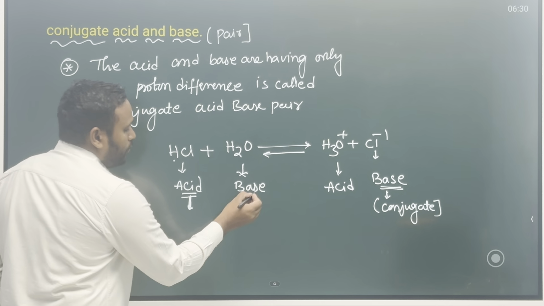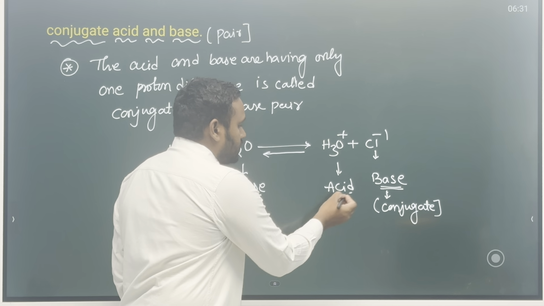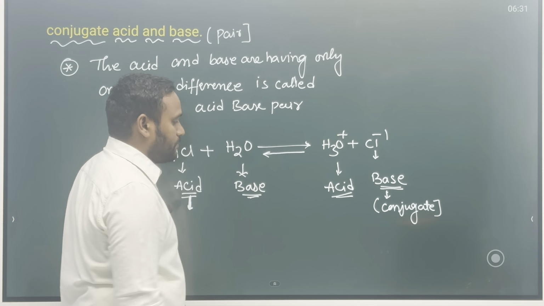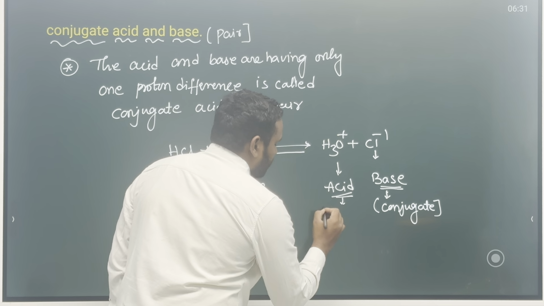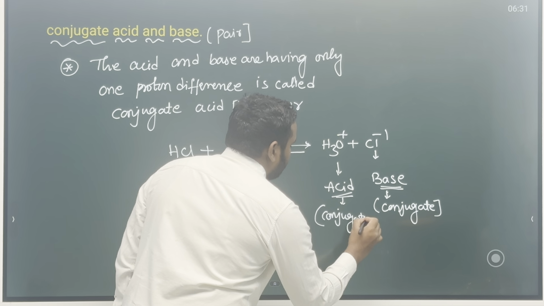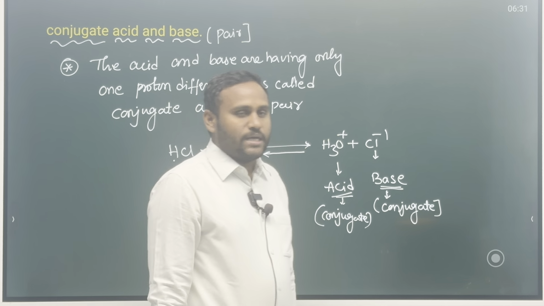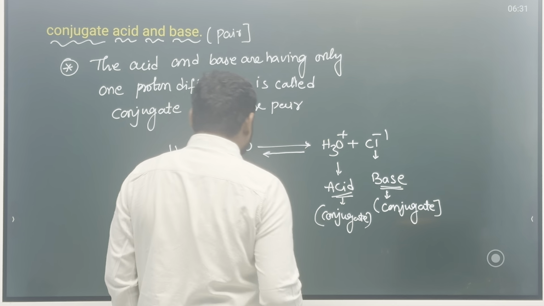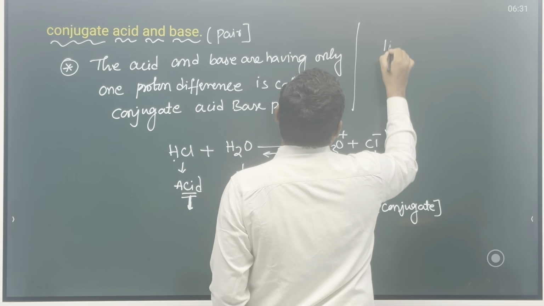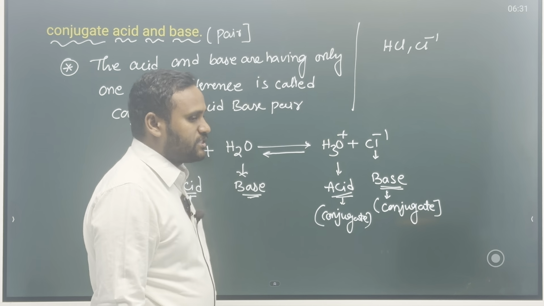Next here H2O is a base, and H3O plus is acting as what? Acid. Okay. Now you consider it completely is base, now it is an acid. So which acid is it? Conjugate acid. Now in this, what are the conjugate acid base pairs here? HCl comma Cl minus are conjugate acid base pairs.